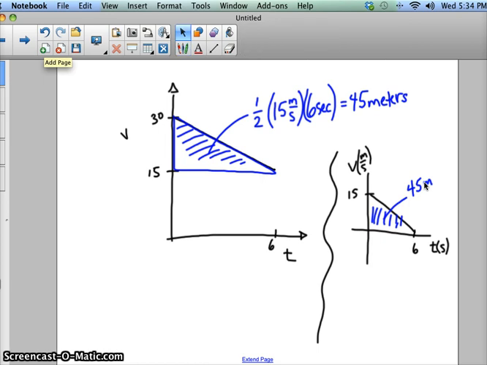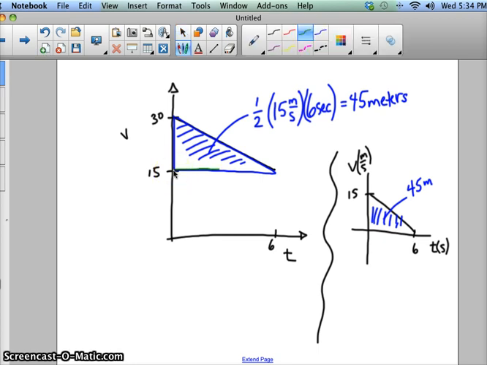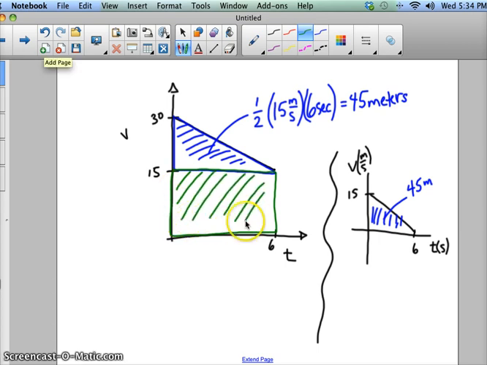The problem is, in this case, you're going much faster. So even though the height of this triangle here is the same as the triangle on the right, because your initial velocity is much faster than 15 meters per second, you're also going to have to add this rectangle.